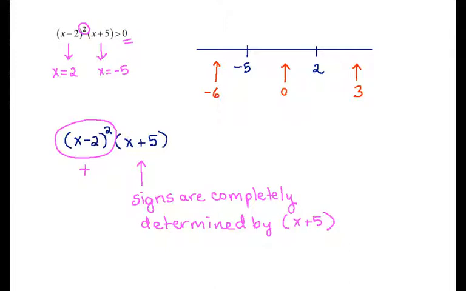That tells me that this whole polynomial must be negative on this first interval. Plugging in 0 for x in x plus 5 gives me 0 plus 5, which is 5, which is positive. That means on this whole middle interval, the polynomial must be positive. Plugging in 3 for x in x plus 5 gives me 8, which is positive, so that tells me this whole interval is also positive.